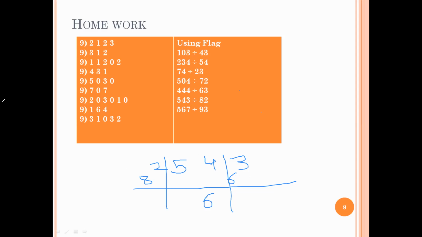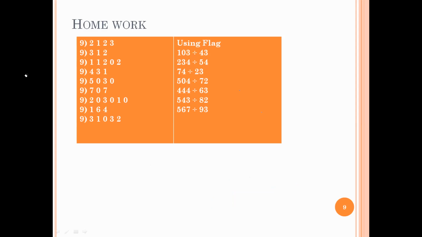So maybe that doesn't address the scenario. Maybe 234 divided by 54, because the intention was to do simple sums initially to get the practice.